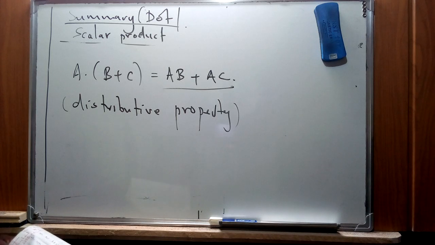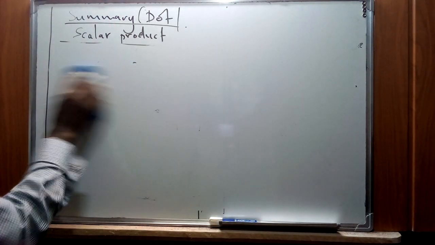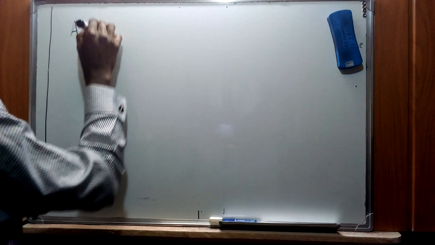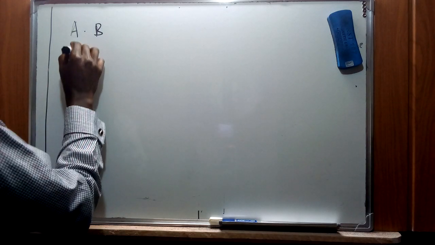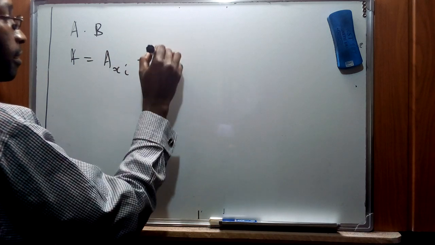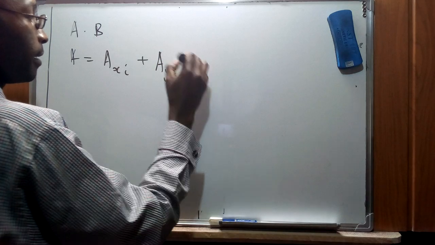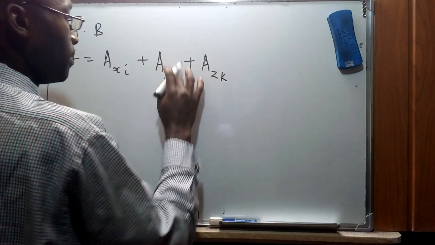So in this case, of course, we're going to look at the combination of the unit vectors that we have talked about, and some of the behavior we're going to see if we do the product of vectors A and B. Now remember, in a three-dimensional space, we give the components of vector A as Ax i plus Ay j plus Az k.